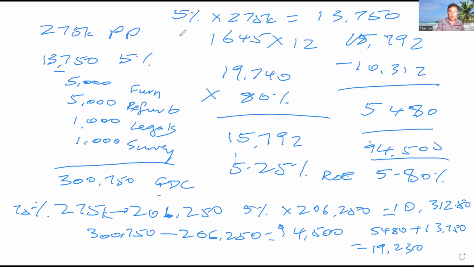What's 19,230 divided by 94,500? Okay, what does that give you?